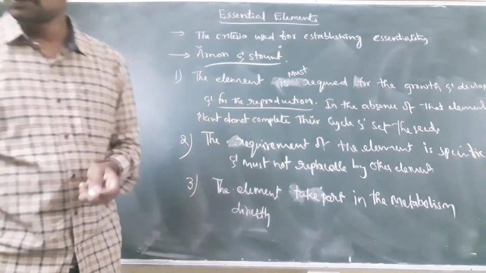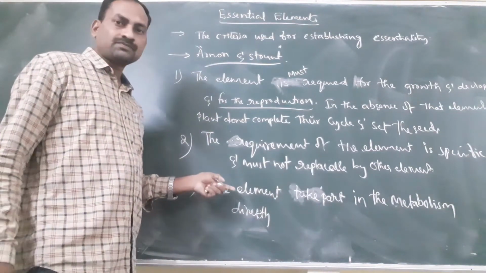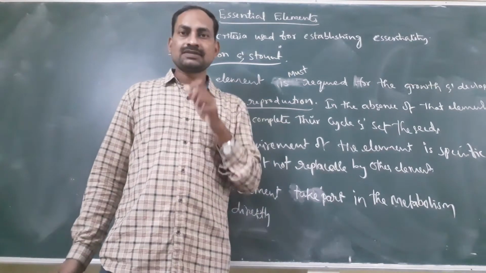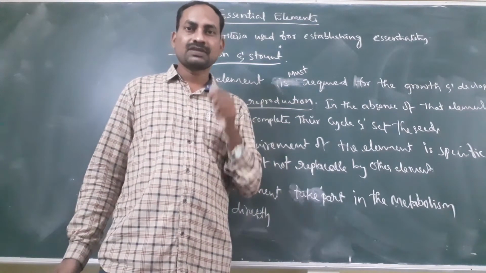According to these criteria for establishing essentiality, so far 30 elements have been discovered in plants.